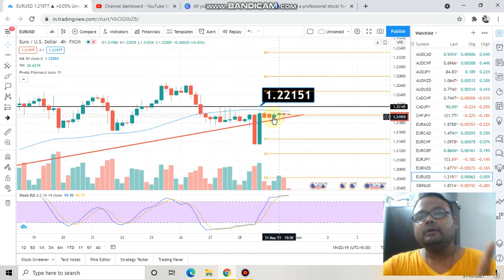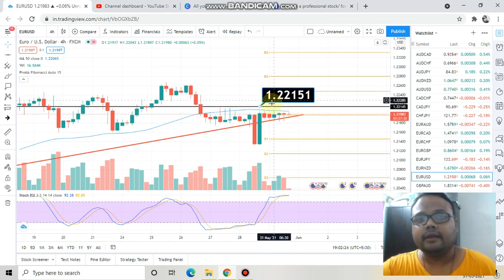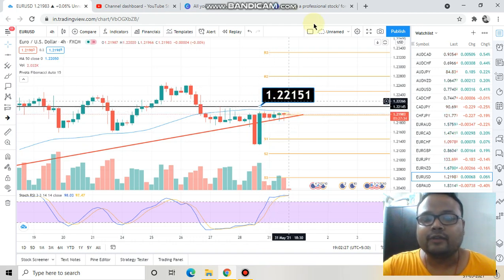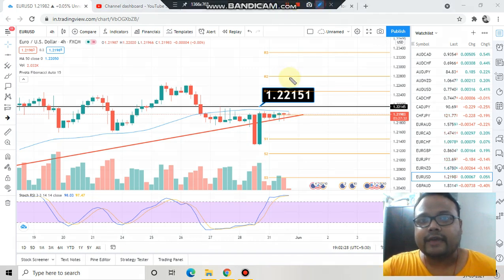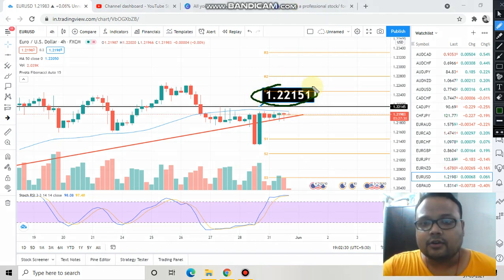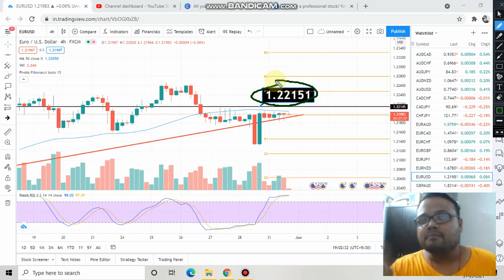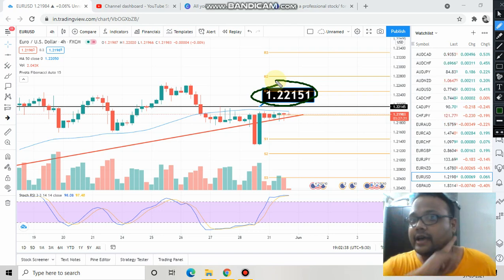So if you see this kind of candles near this black line, at this price level 1.2215, crossing this price level, do you think market will have the pressure, market will have the buying power? No, hell no. Therefore avoid.